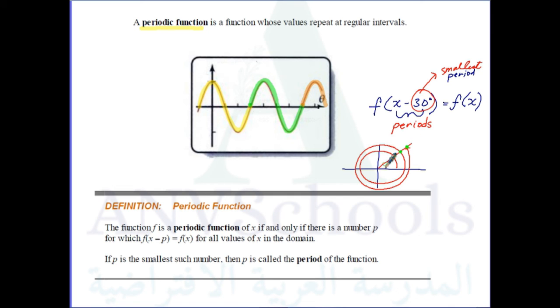Okay? So this going to here is one period, and you have this red here up to this is another period, and so on and so forth. So that is the definition of a periodic function.